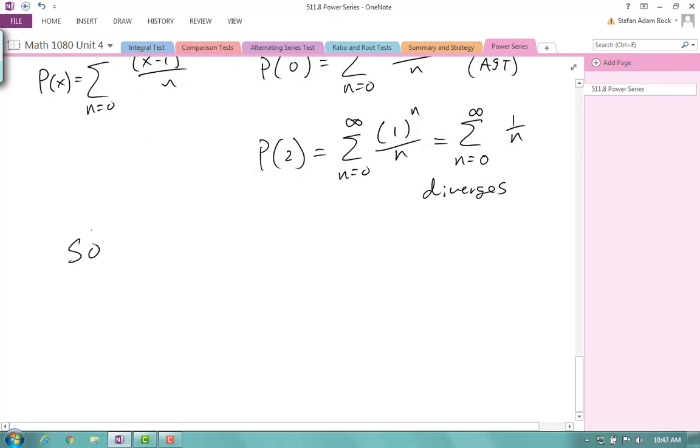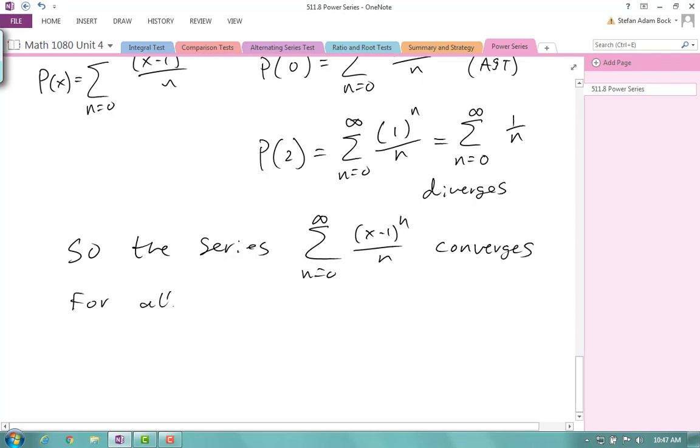So what we can conclude is that the series, the sum from n equals 0 to infinity of x minus 1 to the n over n, converges for all x values in, let's see, it worked for 0 and not for 2. So I go from 0 up to 2 and leave that one open.